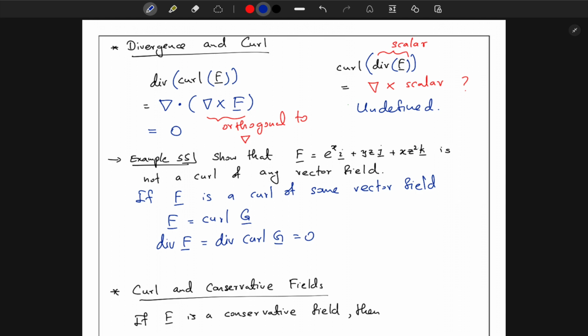If f is a curl of some vector field, its divergence needs to be 0.